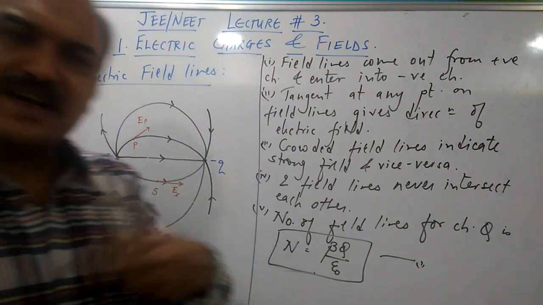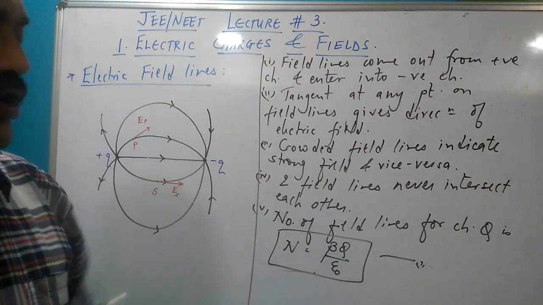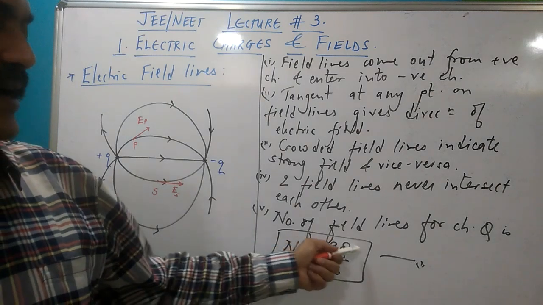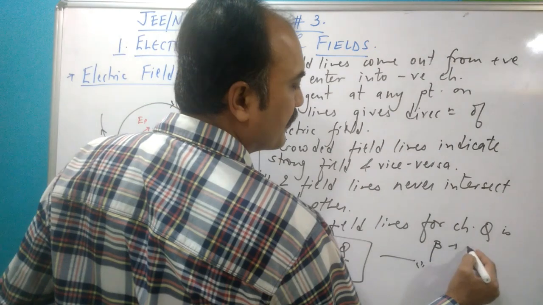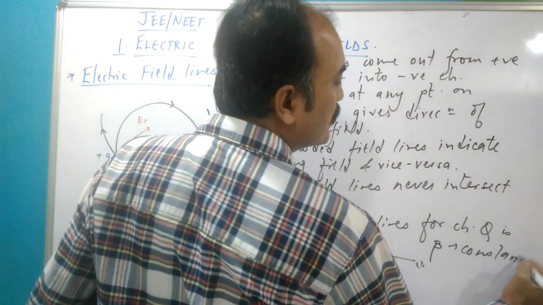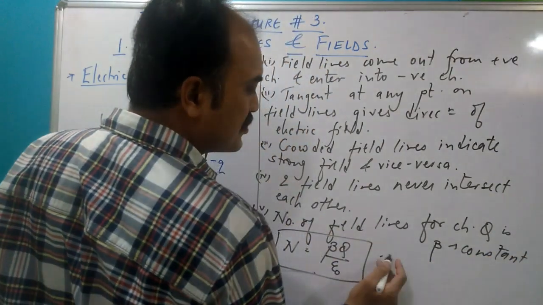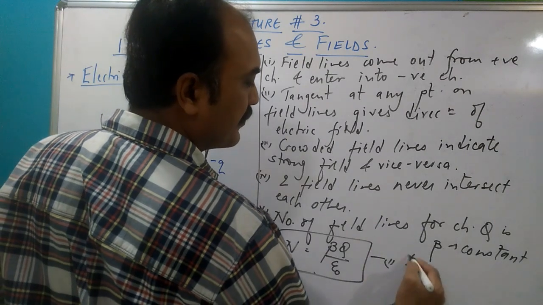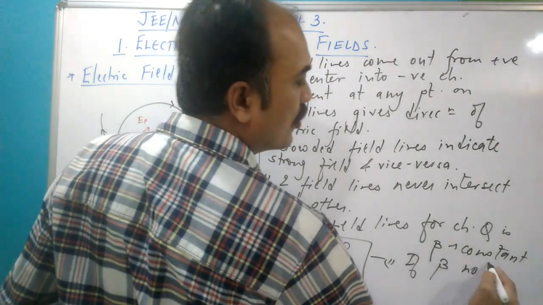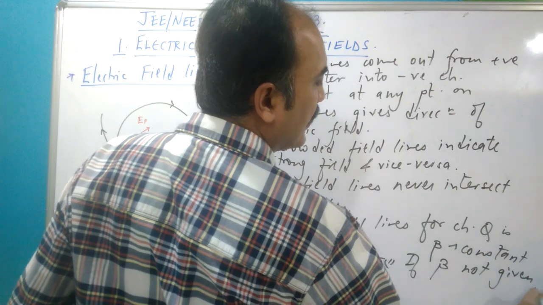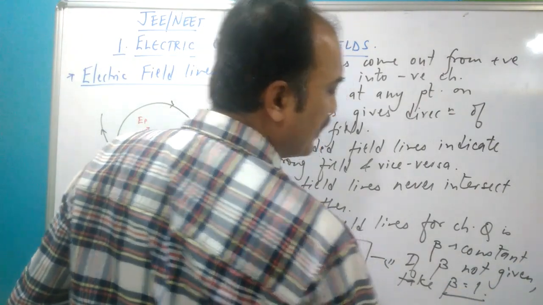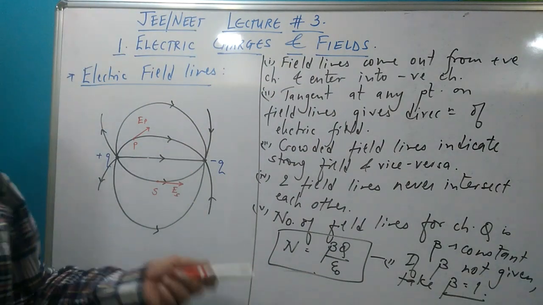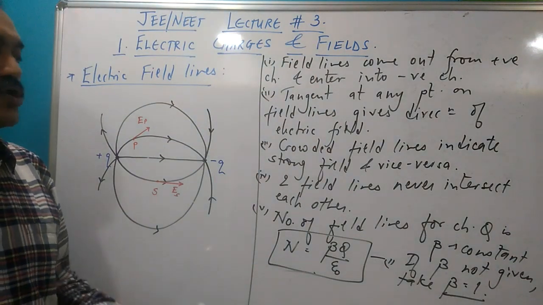Number of field lines either coming out or going into a charge Q is given as N equal to beta Q by epsilon 0, where beta is a constant. And also remember, if beta is not given, you are going to take it as 1. So this is a very important idea. If beta is not given, you are going to take it as 1.